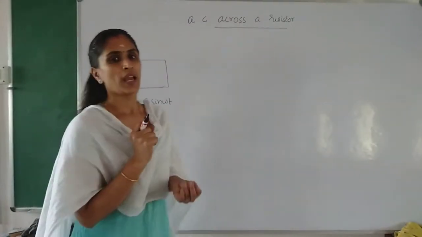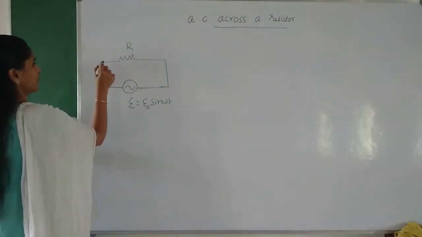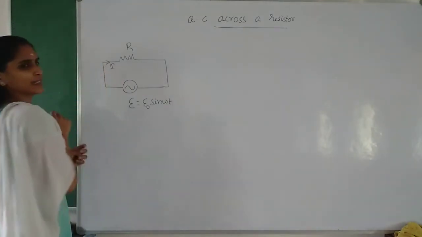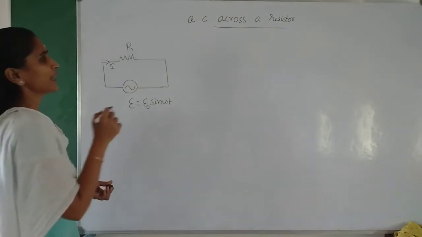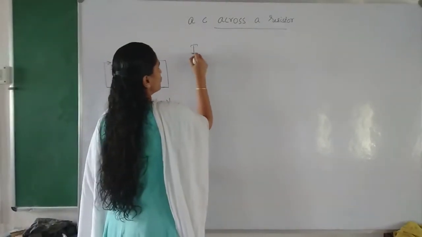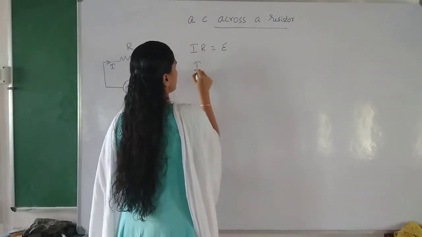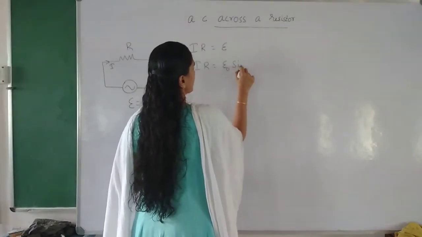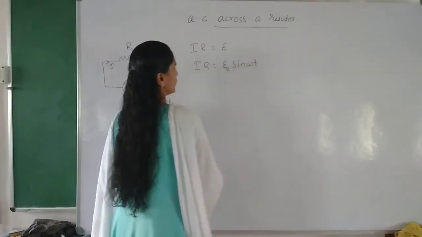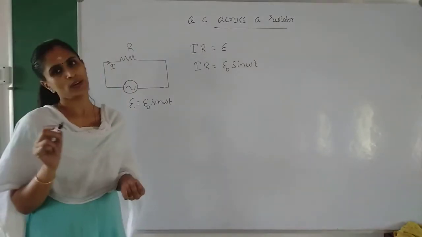If I is the current flowing through this, according to Kirchhoff's rules, we can write I into R is equal to E, or I into R is equal to E0 sin omega t.